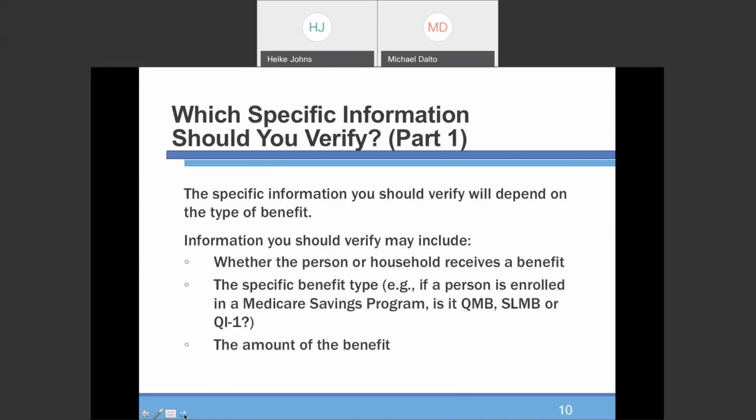So what do you need to specifically verify if a person gets these other benefits that are not administered by Social Security? Well, you certainly want to figure out which benefit the person is getting. You also want to figure out whether the individual is getting a benefit or the household.